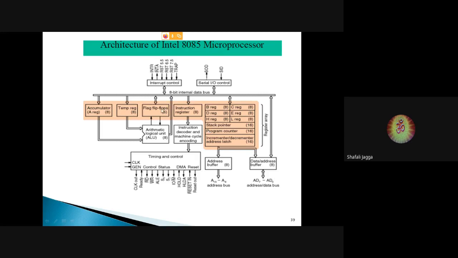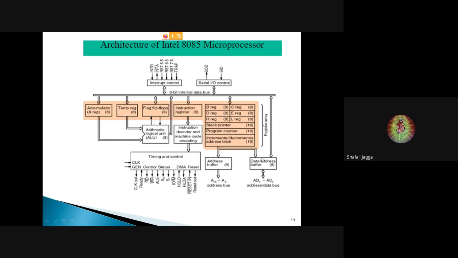Then another important register is the instruction register. This is the register which always holds the opcode. Whenever the microprocessor is to execute any instruction, it first fetches the opcode corresponding to that instruction, which is stored in the memory.